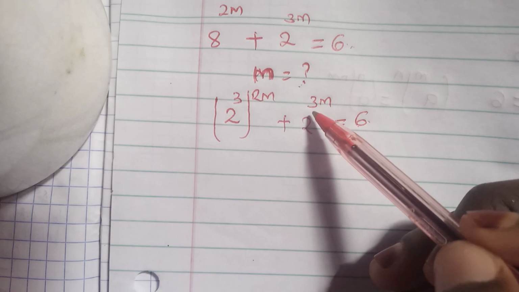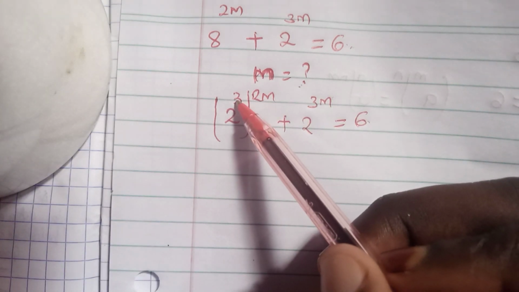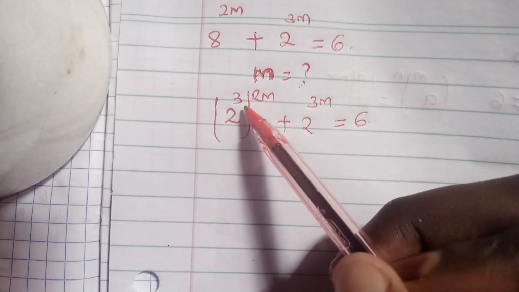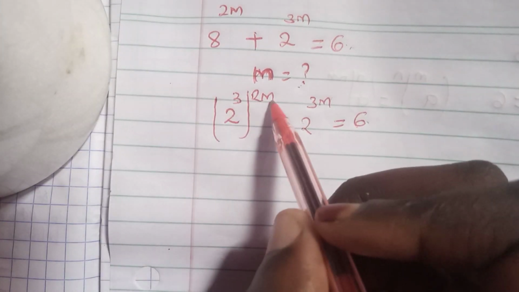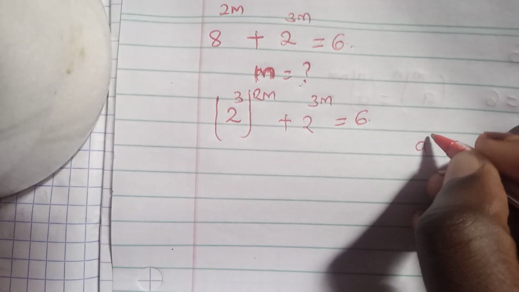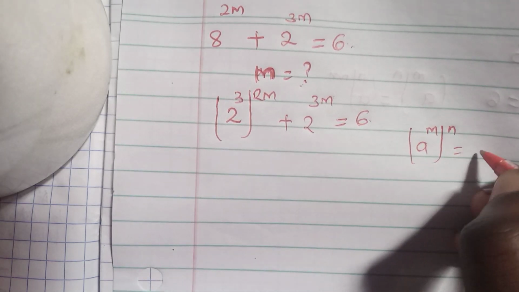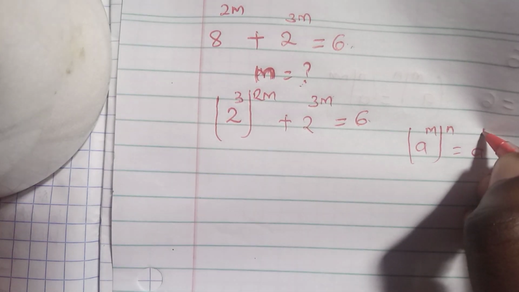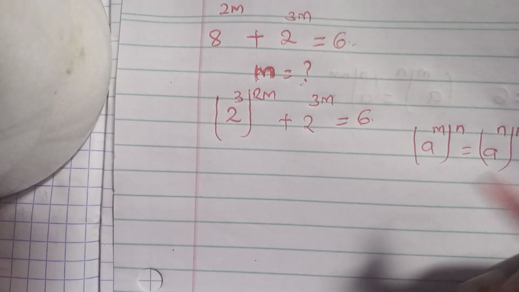Now, you can see here we have 3 to the power of m, our exponent 3 inside the bracket. So we can use this rule of exponents whereby we can switch the exponent. If you have a to the power of m, all this to the power of n, you can write it as a to the power of n, all this to the power of m, switching the power.